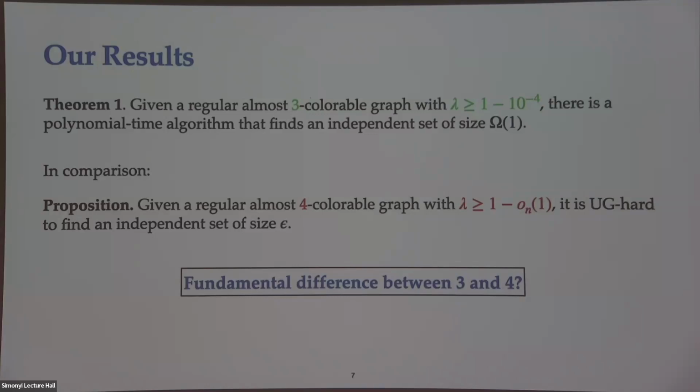Our algorithm only finds one. We don't find many of them. Is there no randomness in the rounding? There is some randomness, but I think we don't guarantee many. I will see it later. Okay. So, are there any questions about this result?